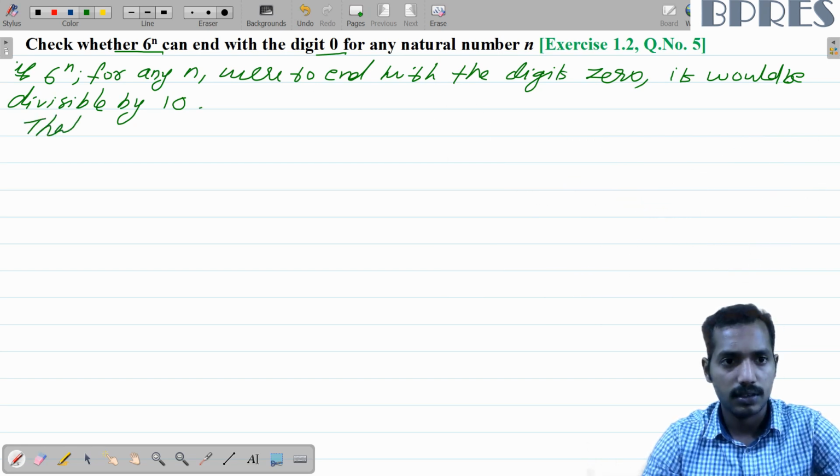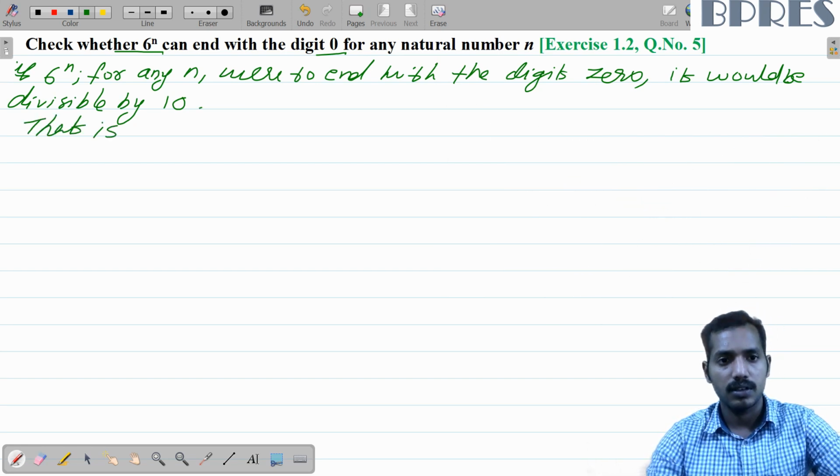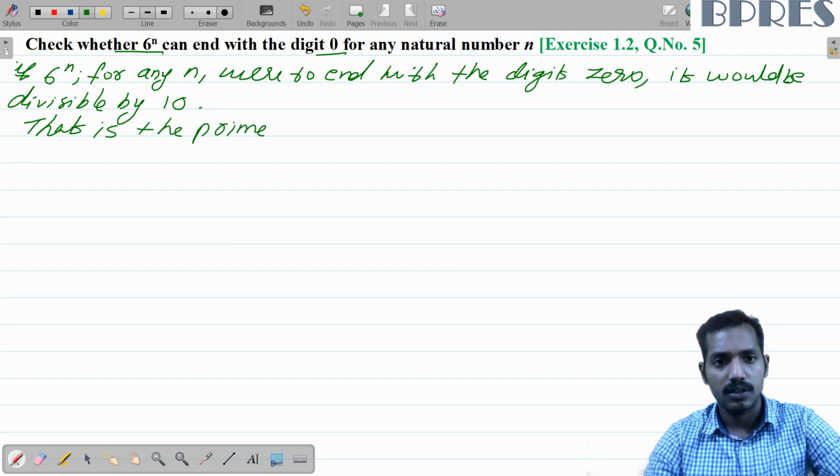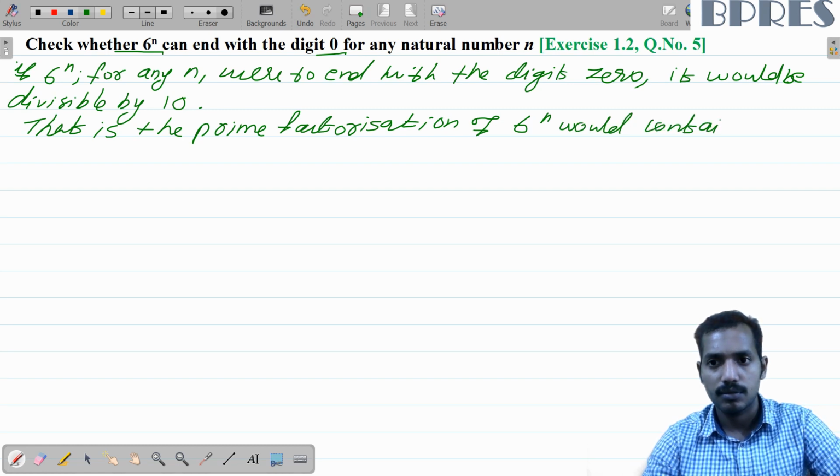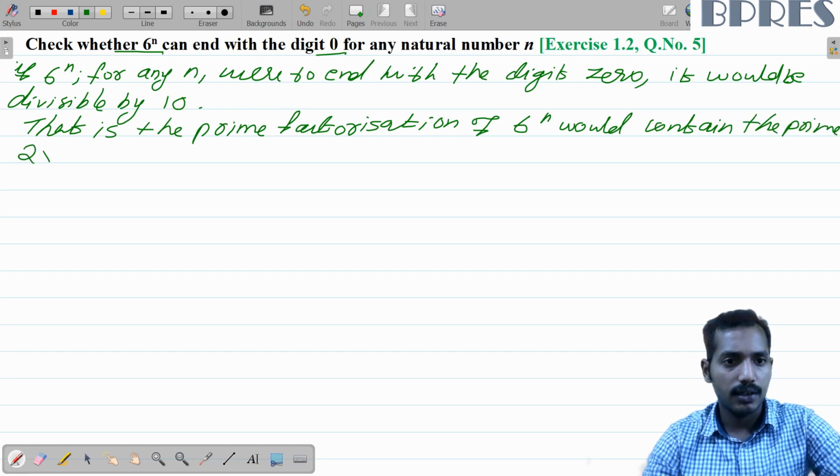Now, the prime factorization of 6 raised to n would have to contain the primes 2 and 5.